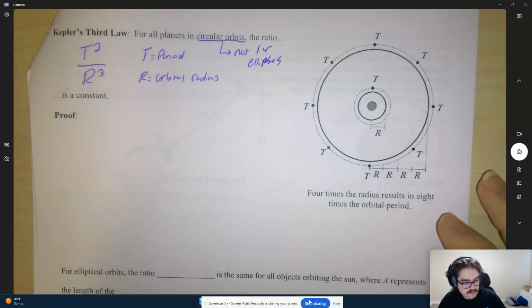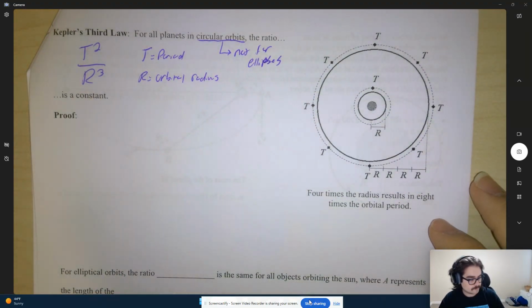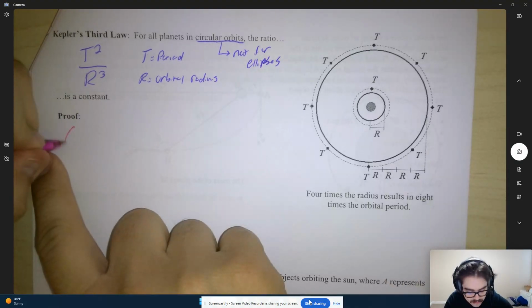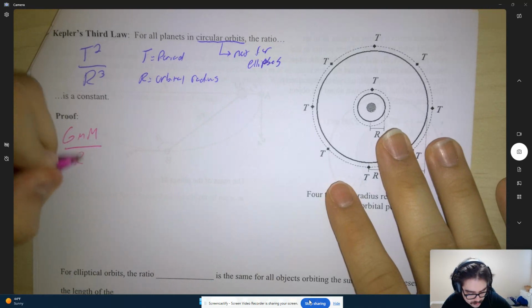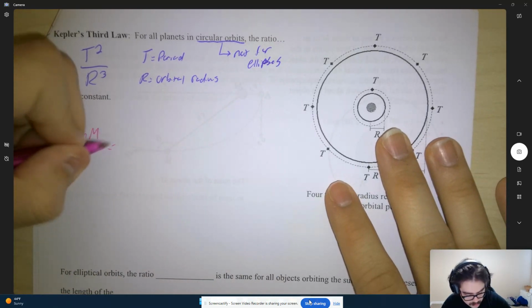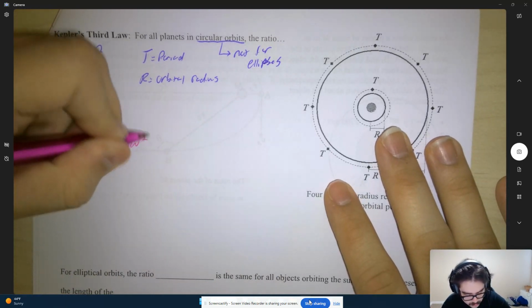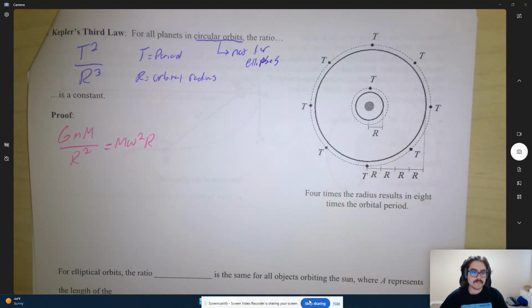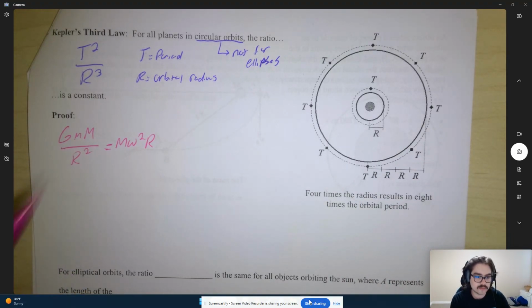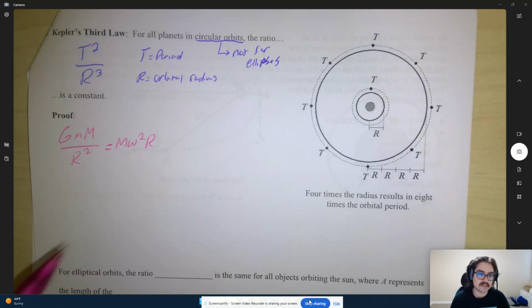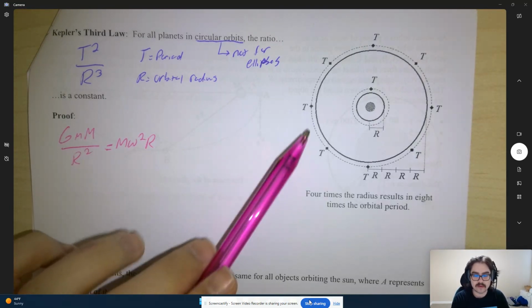To prove that to you, I'm going to show you that I've got capital G, little m, big M over r squared, and I'm going to set that equal to m omega squared times r, to prove to you that the ratio only depends on the central body. It doesn't depend on what's going on with the other body.